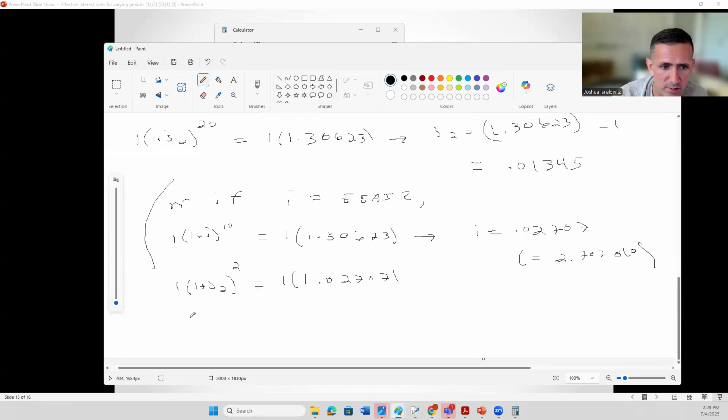So again, I think this is a bit inefficient, but you can't go wrong working with the equivalent effective annual interest rate for these kinds of problems.